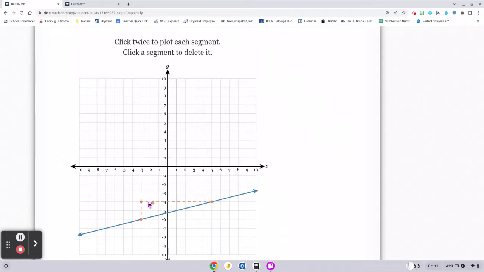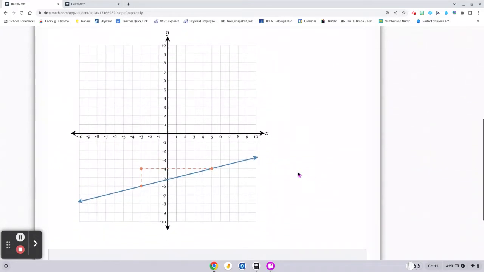The run is 1, 2, 3, 4, 5, 6, 7, 8. How I check this is I want to look where my orange segment is. I had to go from a -3 to a +5.